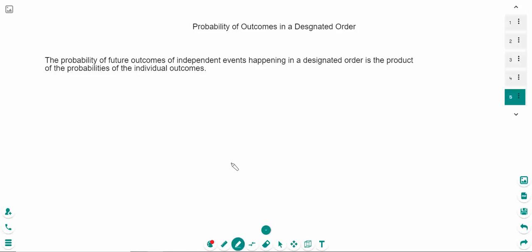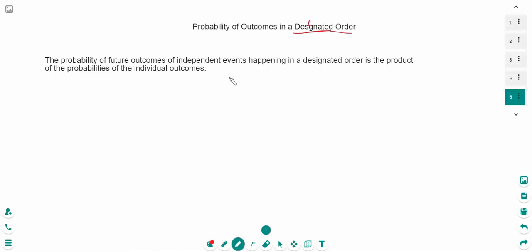Okay? But sometimes we want to predict how likely a certain set of things could occur. So, oh, that's a typo there. Designated.